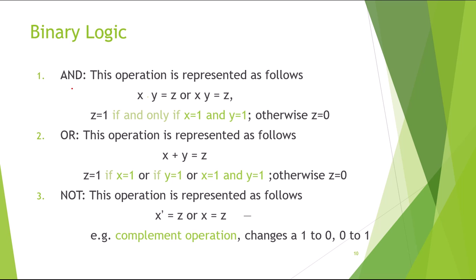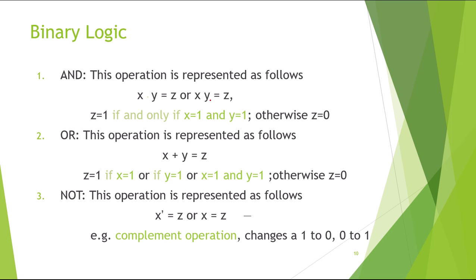When we talk about the AND operation, AND means that if we have two things, for example X and Y, both of them are required. It's not possible that one thing is there and the other is not. We need both things. So the AND operation says that X dot Y is equal to Z, or X multiplied by Y is equal to Z. We use both these notations, the dot, or no notation at all as in mathematics for multiplication.